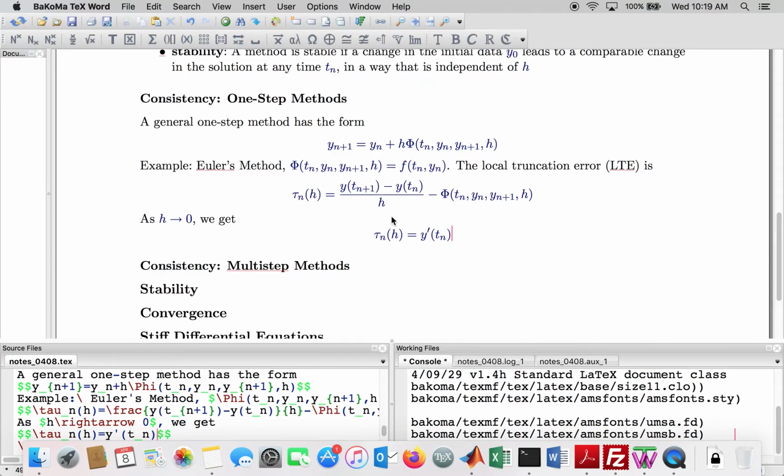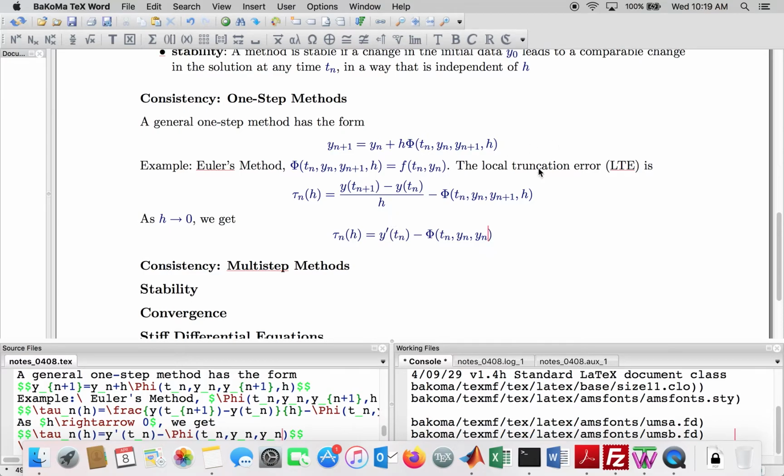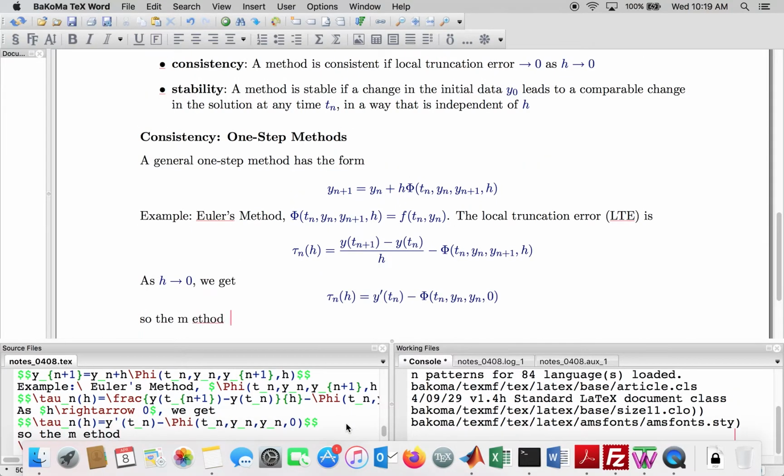And what we get over here is t n, y n, and then also y n, because h is going to 0, so y n plus 1 would converge to y n, and 0 for h. But y prime at t n needs to equal f of t n, y n. So the method is consistent.